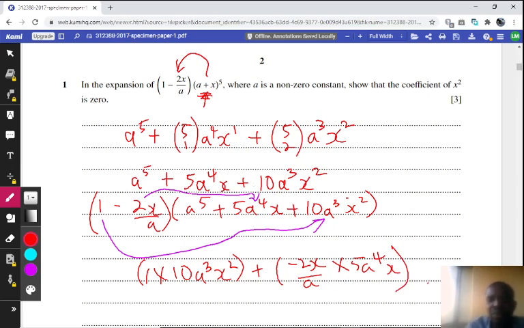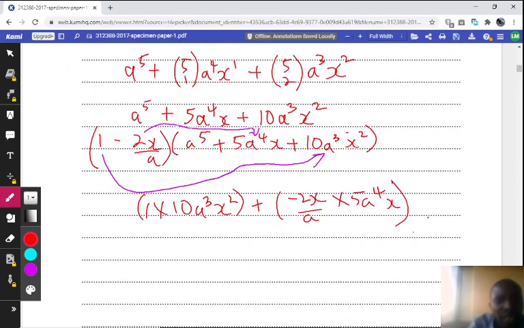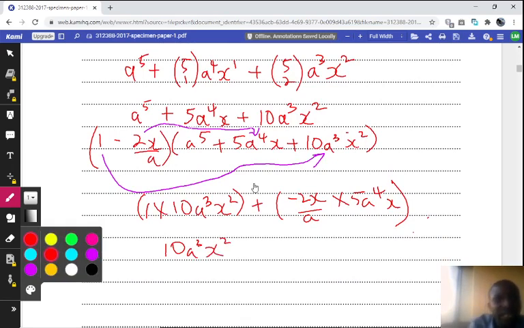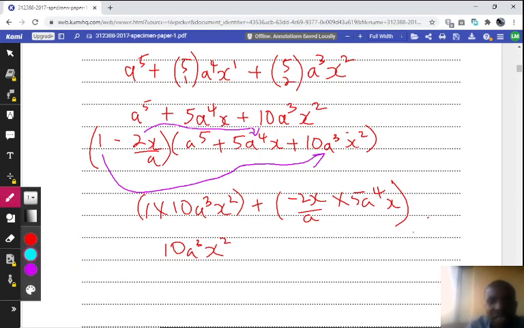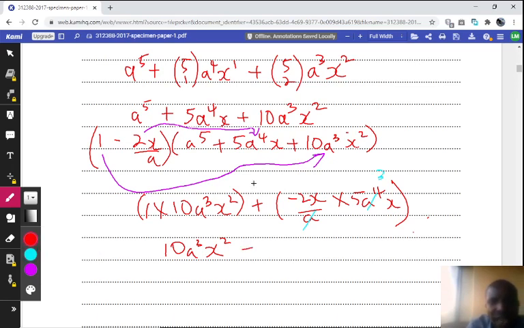Let's simplify further. 1 times this one, 10a cubed x squared, will give you 10a cubed x squared. Then from this bracket, since this and this will cancel each other, there will be a to the power 3 here, so it will be minus 10a to the power 3 x squared.